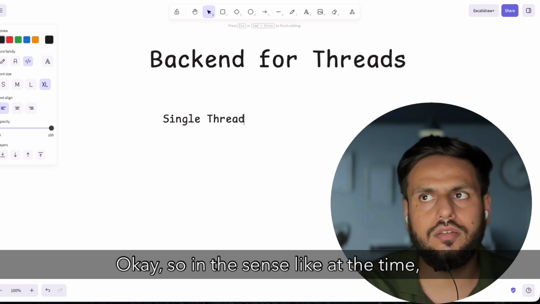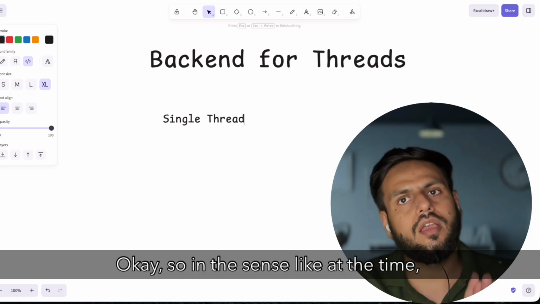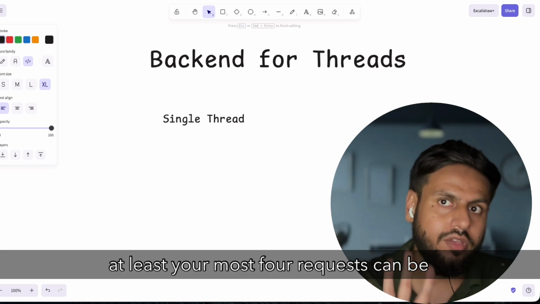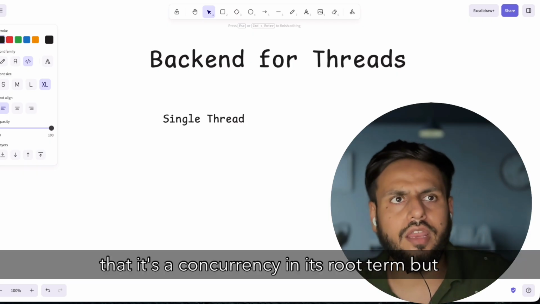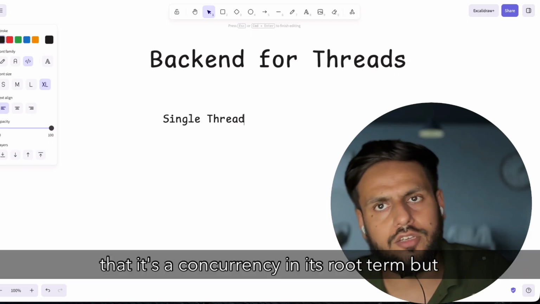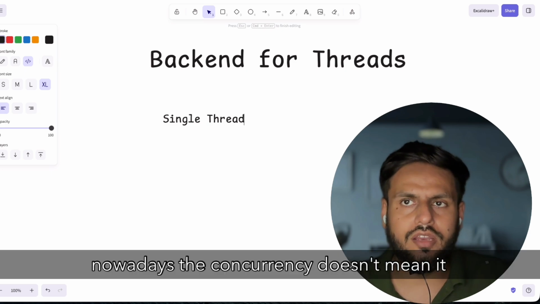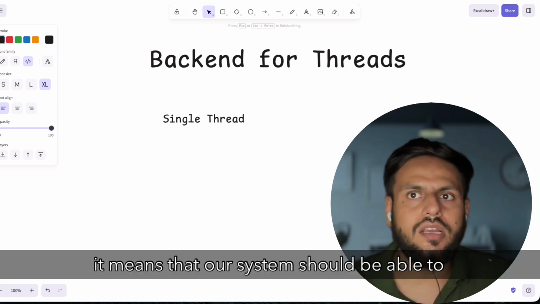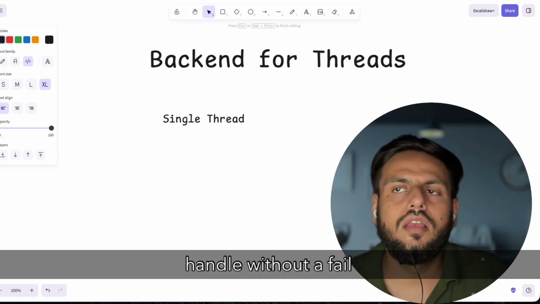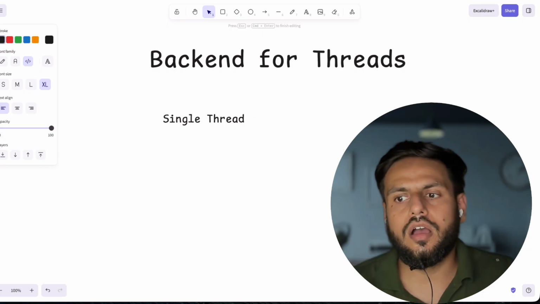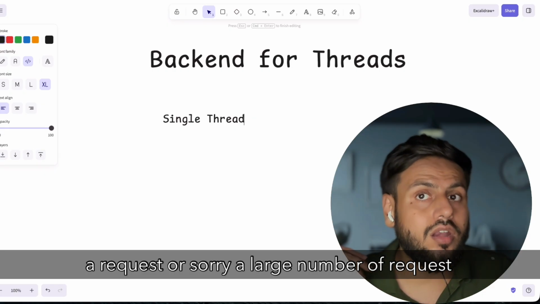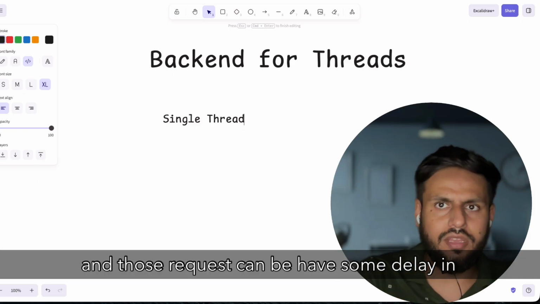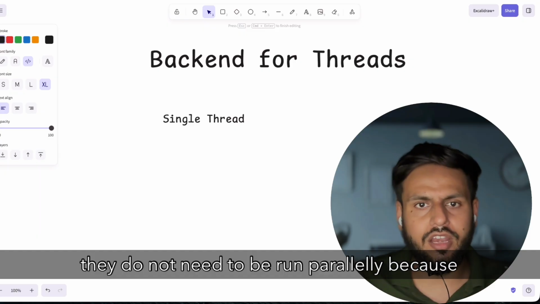So at a time, at most four requests can be processed in parallel. That is concurrency in its root term, but nowadays concurrency doesn't mean that. Requests do not need to run in parallel. It means our system should be able to handle, without failing, a large number of requests, and those requests can have some delay in between.